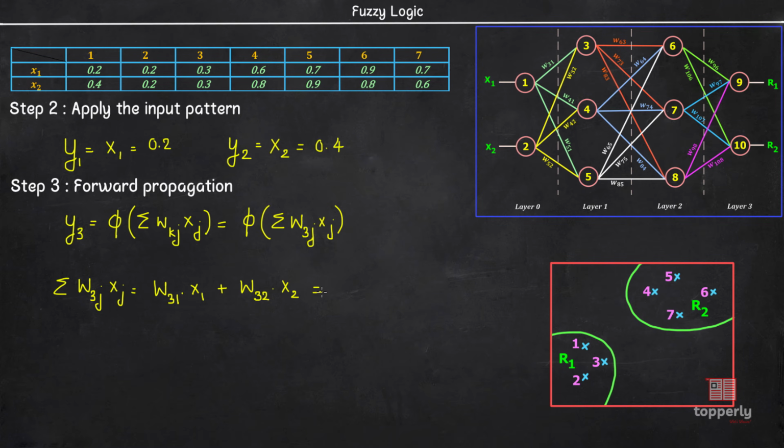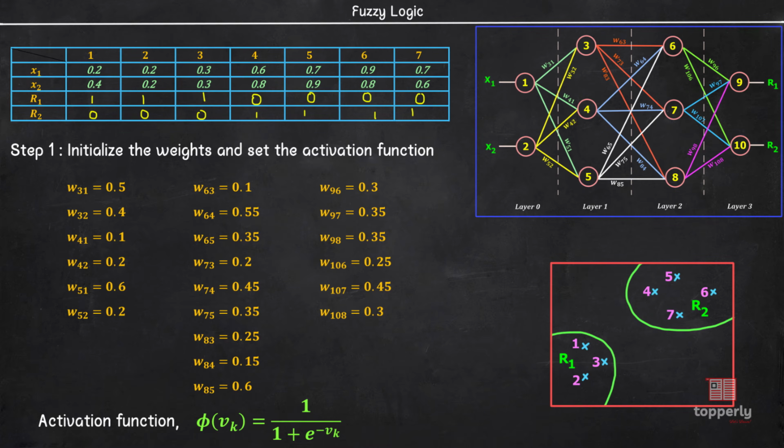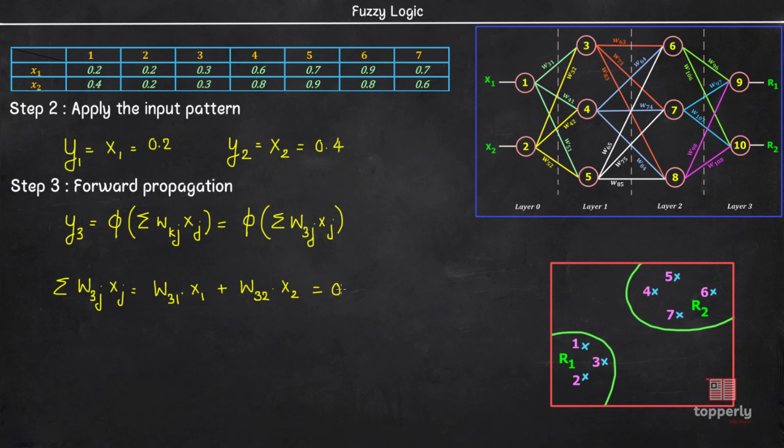So calculating the output, w31 is equal to 0.5. So we have 0.5 into x1. x1 is the input from neuron 1, which is equal to 0.2. So 0.2 plus w32 is equal to 0.4. So 0.4 into x2, which is the output from neuron 2, that is equal to y2. So 0.4 again.